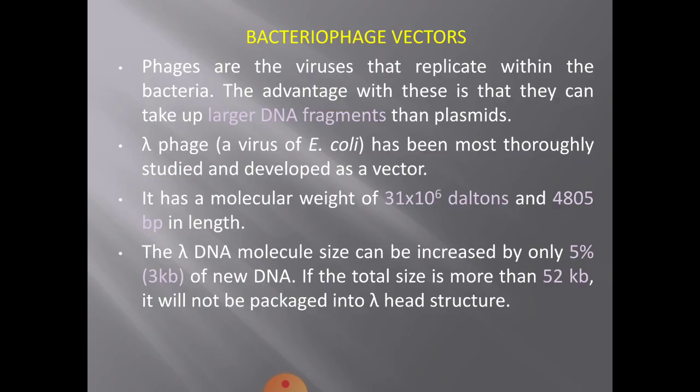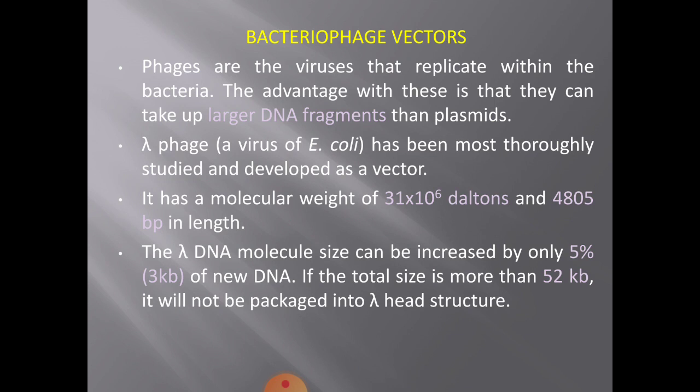Okay? Now, you have to do some background exercise for this. Open your microbiology textbooks. Make a note on biology of lambda-phage. Here I am just going to brief you.